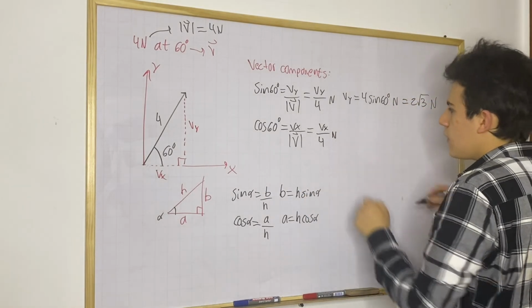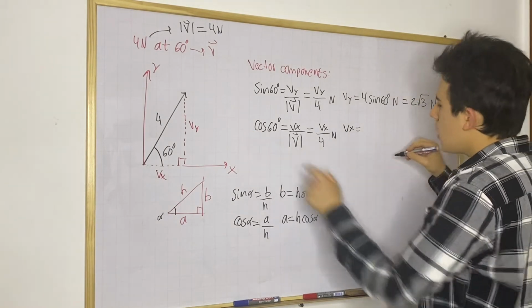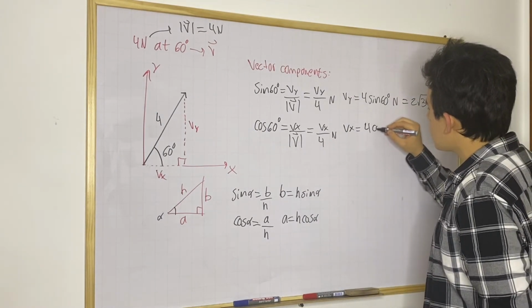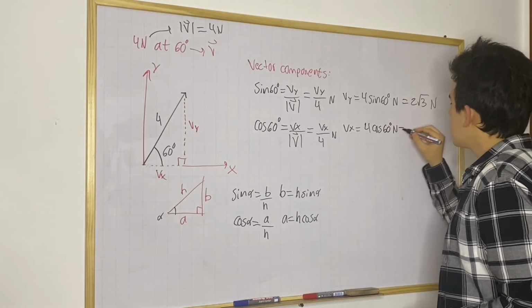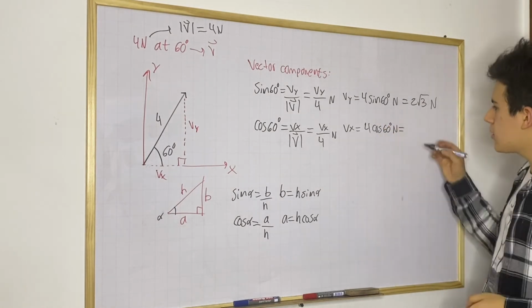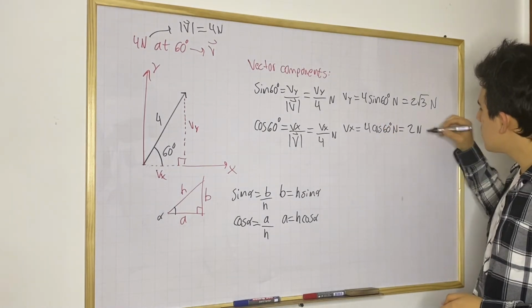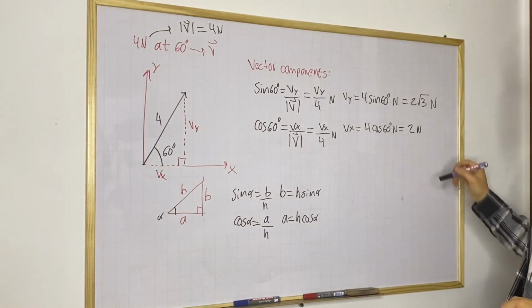And now how do we find vx? Well, we do the same thing. Vx is going to be equal to, just move this 4 and multiply right there, and you're going to have 4 times cosine of 60 degrees newtons, okay? And now if you use your calculator, you're going to find that this is equal to 2 newtons, okay? Now this is pretty good. Now, what do we have in here?